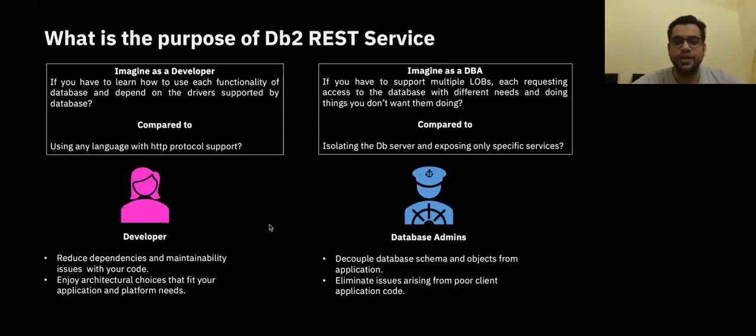So isolating your DB server from exposing those kinds of functionalities and only exposing data retrieval and data requesting capabilities are some of the key capabilities that the Db2 REST service can provide. Now, the intention of the slide is not to precisely articulate each and every advantage or disadvantage. However, it was an attempt to explain why the Db2 REST service can be very beneficial in complex environments where you might be well off isolating your developer workloads or persona-related items from the DBA-related items.